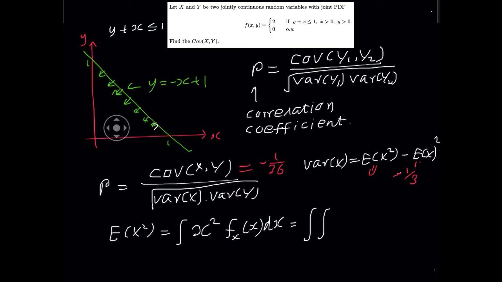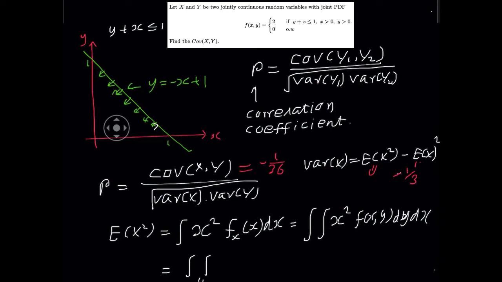So as we did before, it should be x squared times f(x,y) dy and also dx. Now let me find the limits for our case.